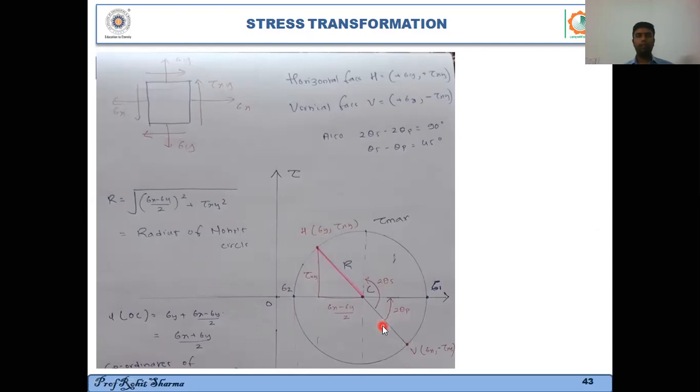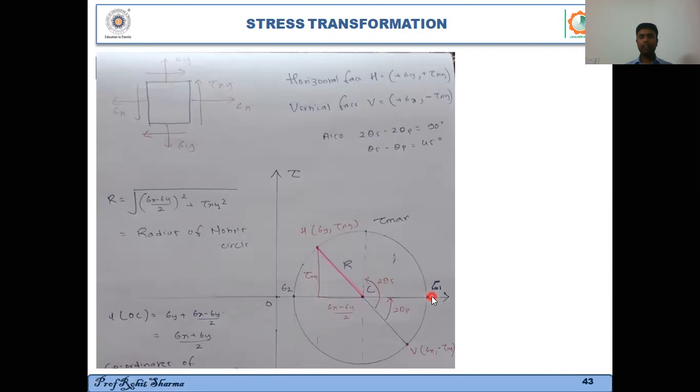So if you remember the angle at which the maximum normal stress occurs, we call it theta p. And since Mohr circle is based on twice the angle, this angle will represent 2 theta p. You have to move from this face to this face.